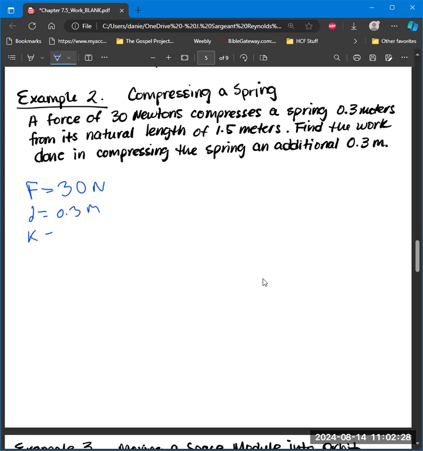And K is equal to what? F is equal to K d.